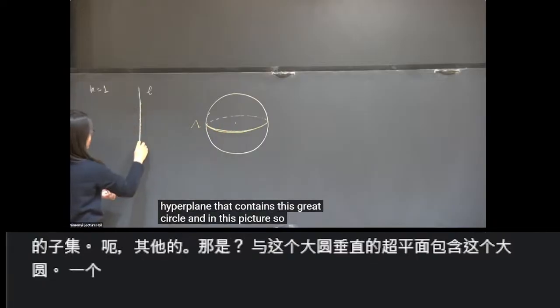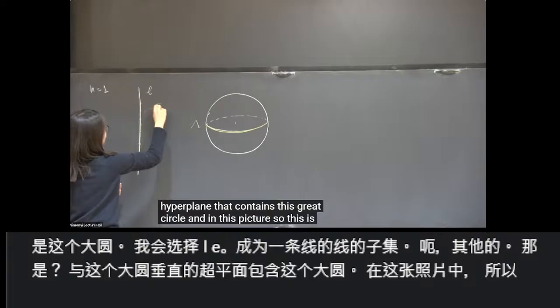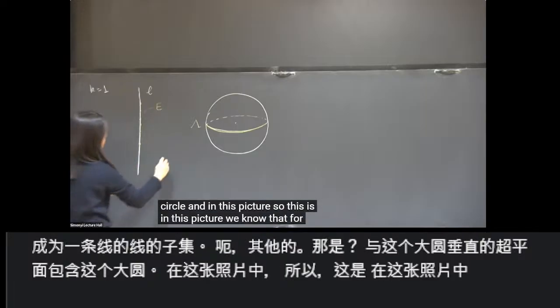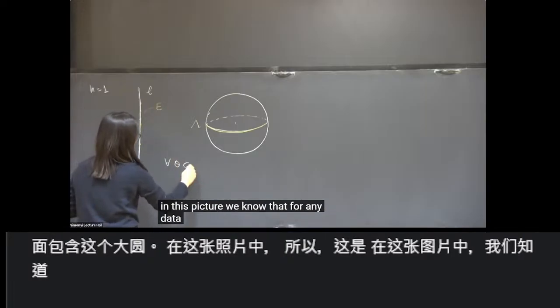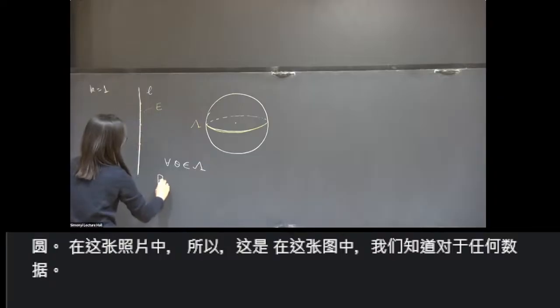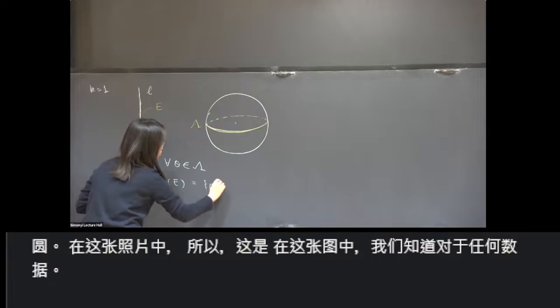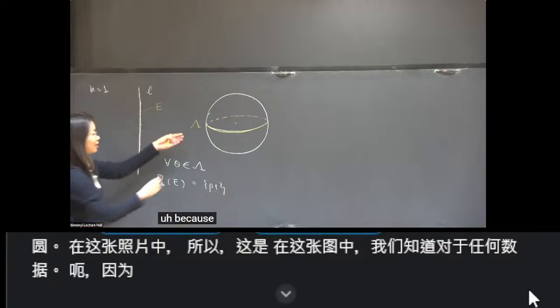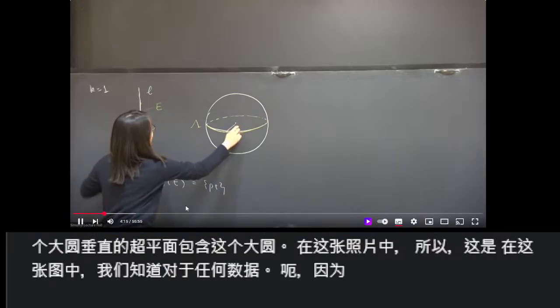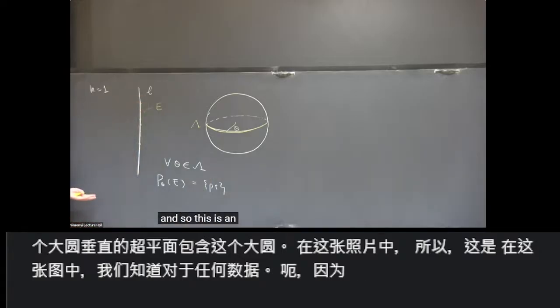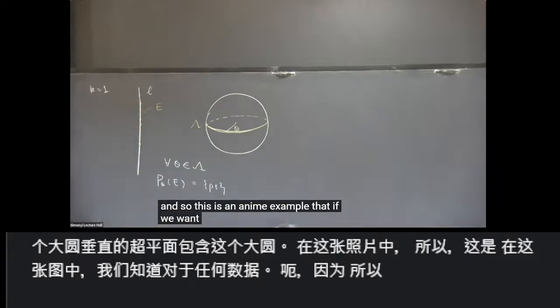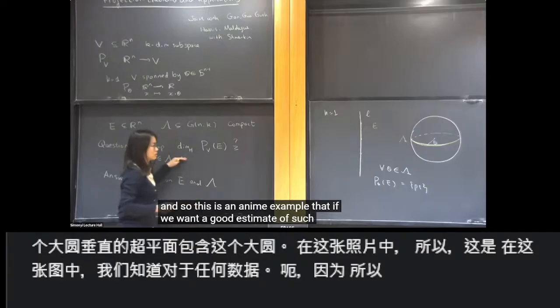In this picture, for any theta, P_theta of E is just a point, because they are orthogonal. So if we want a good estimate, we want to avoid this example.